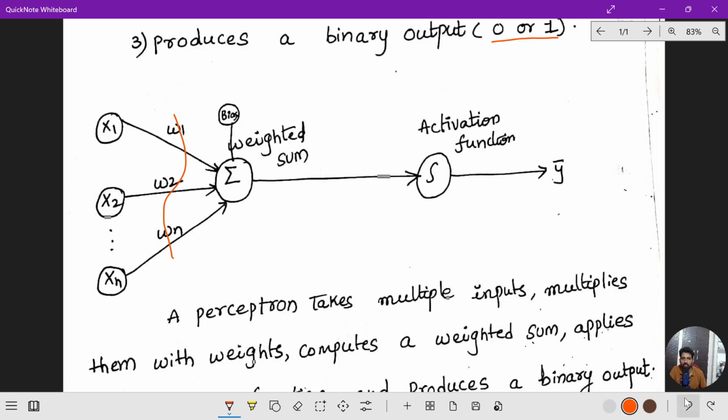Okay, so when the inputs are given, we are going to multiply inputs with weights. So this is x1 w1, this is x2 w2, this is xn wn. So this is called the weighted sum.